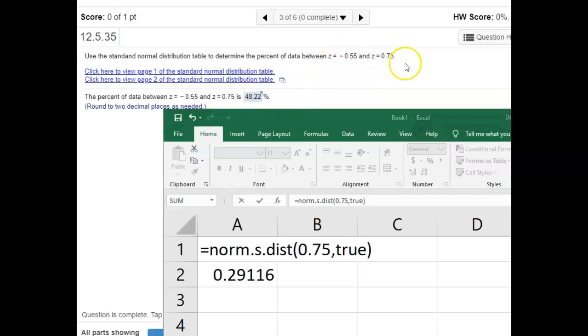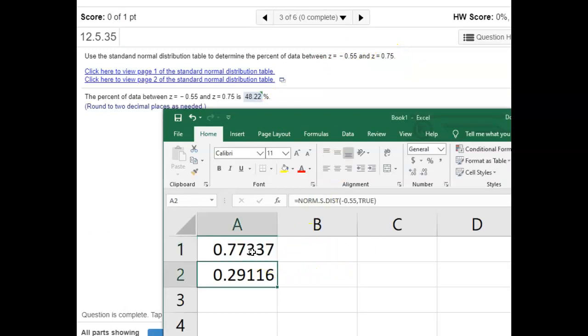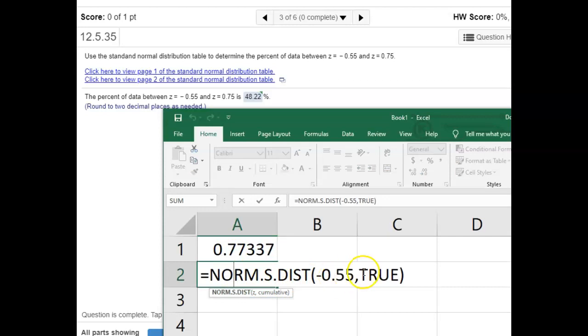So with the two z values in this problem, the larger one is 0.75, so I'm going to look that one up first. And there's my result, the percent of the data that is to the left of the larger one. And then here's my smaller one, negative 0.55 is less than a positive 0.75. So this is my smaller one.